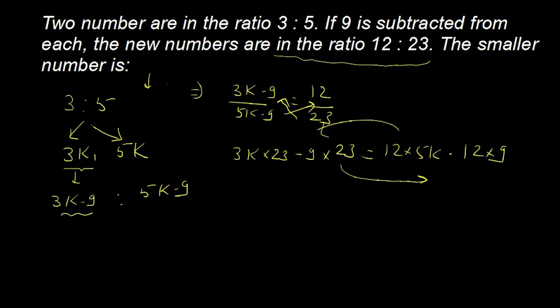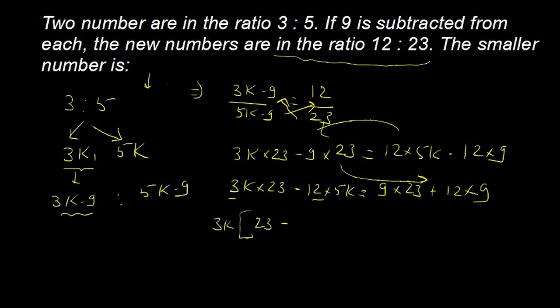So 3k into 23 minus 12 into 5k is equal to 9 into 23 plus 12 into 9. Now what you can do, let's take 3 common from both quantities. So 3k is common, so 23 minus 4 should be left over there, 4 5s are 20.